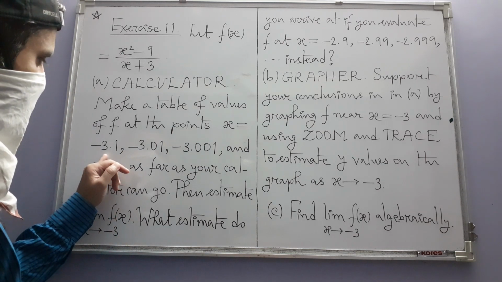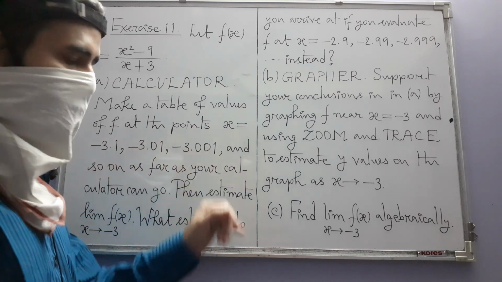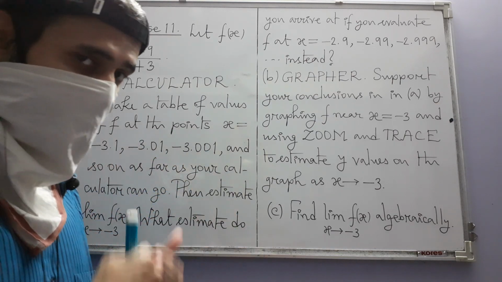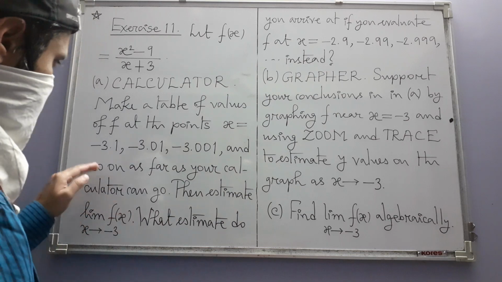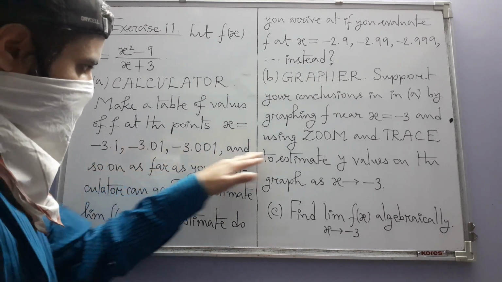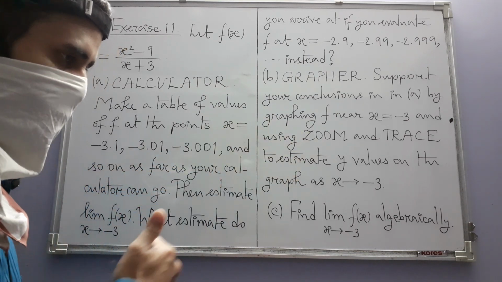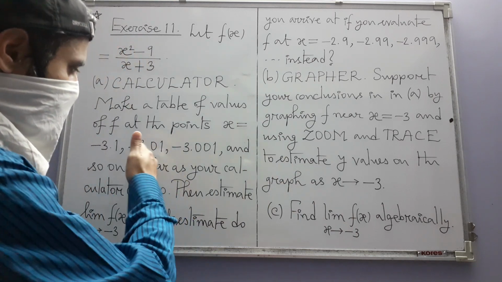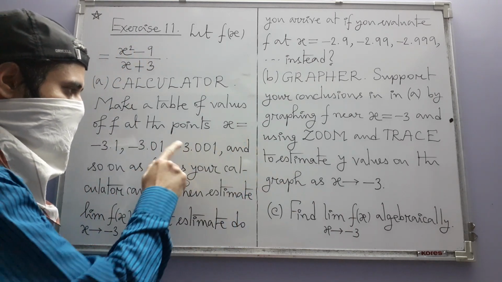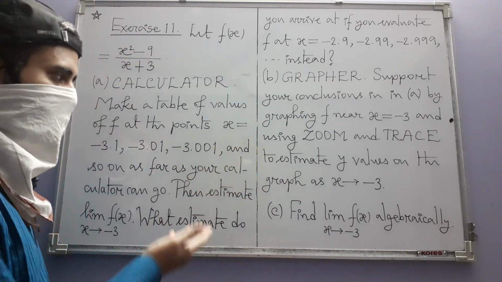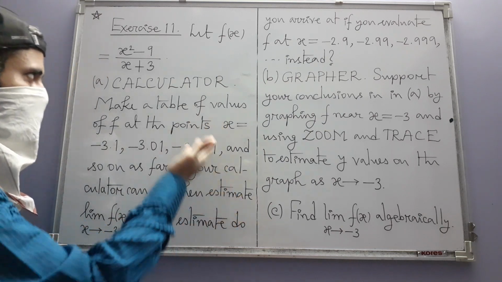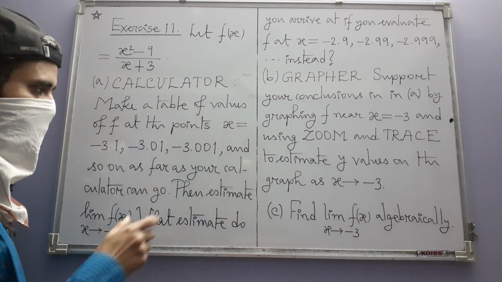Now you can see that all these x values are less than minus 3. But as you go down this sequence, you get closer and closer to minus 3. So they increase, but still none of them is equal to minus 3. In fact, at x equal to minus 3, of course, this is undefined.